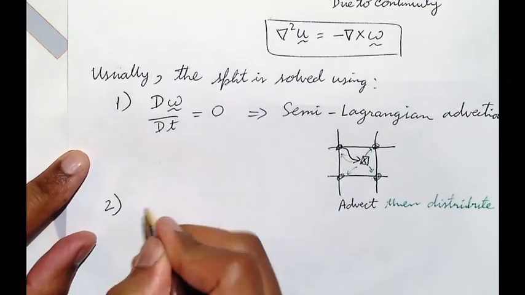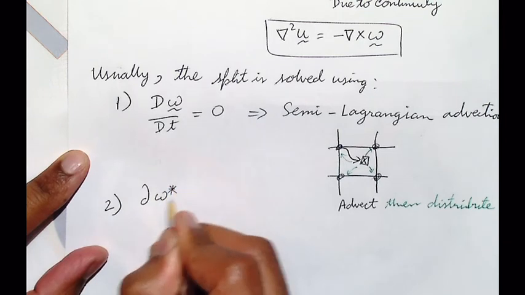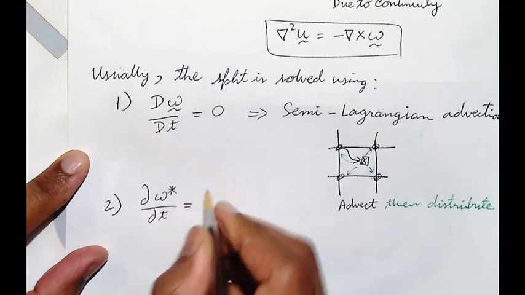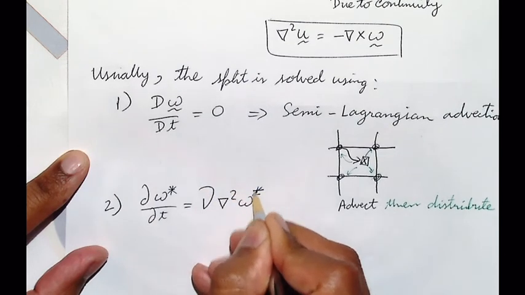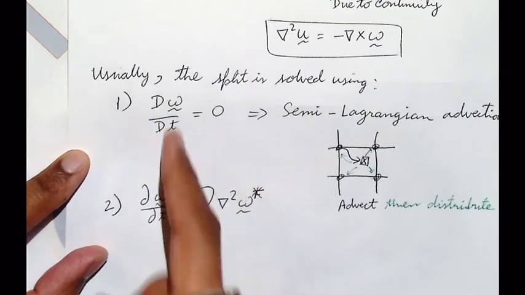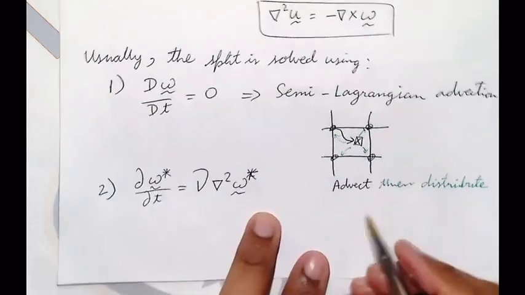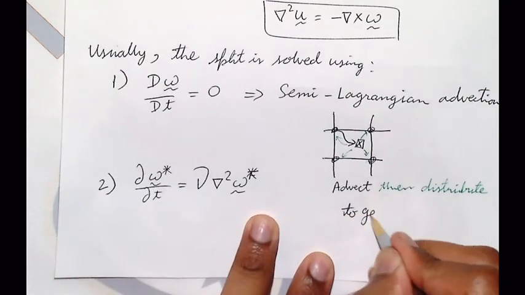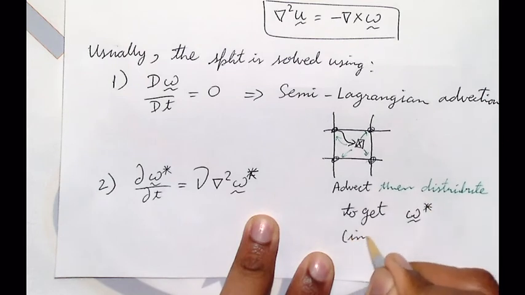Okay? And then the second step is just d omega star over dt equals nu Laplacian omega star, where this omega star comes from the solution of the advection. So we advect, then distribute, to get omega star, which is an intermediate solution.